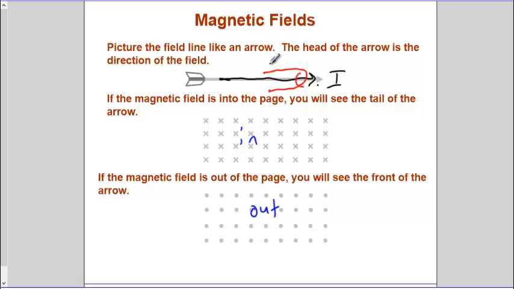And when I grasp this, if my fingers curl on top of the wire, my four remaining fingers will point out of the page. And then if I continue to rotate my fingers down and through, my fingers would point into the page.